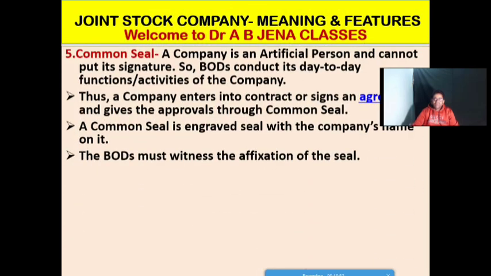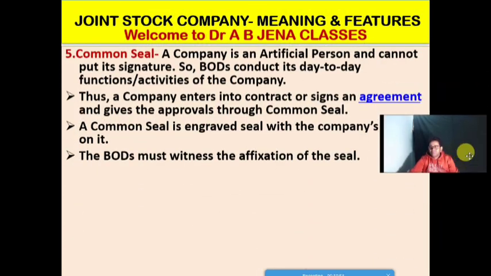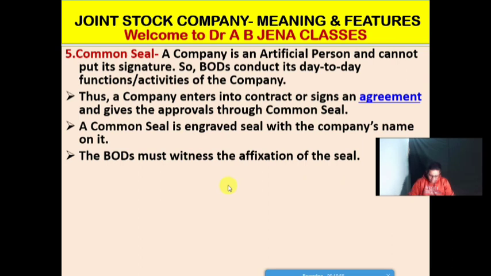The next important feature of a joint stock company is the common seal. The common seal is also very vital. A company is an artificial person, as we have already discussed, and cannot put its signature. So the BODs, which stands for Board of Directors, will conduct the day-to-day functions or activities of the company through the common seal.